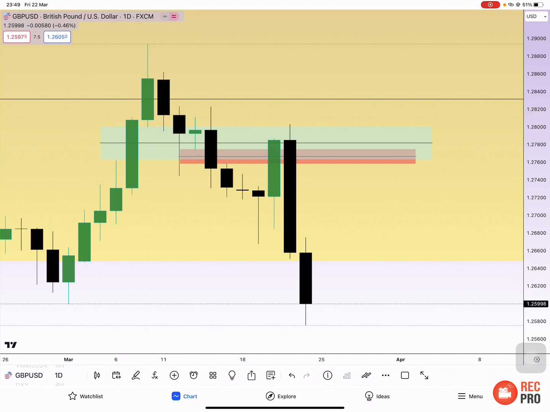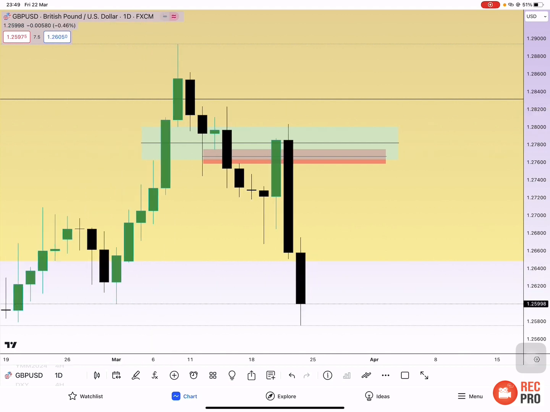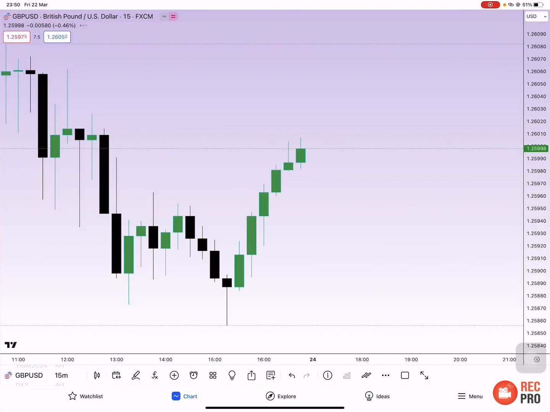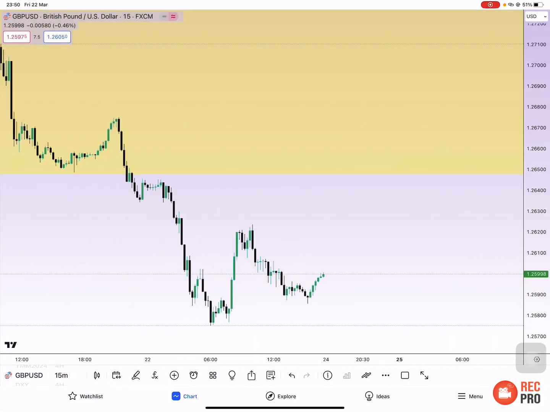And now let's get on the lower time frame and see how the price action was there when we needed to get into the trade.